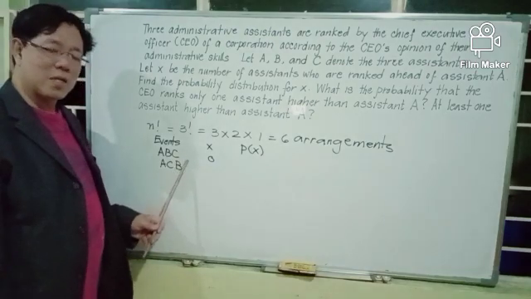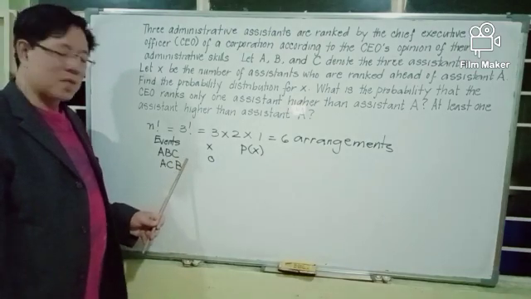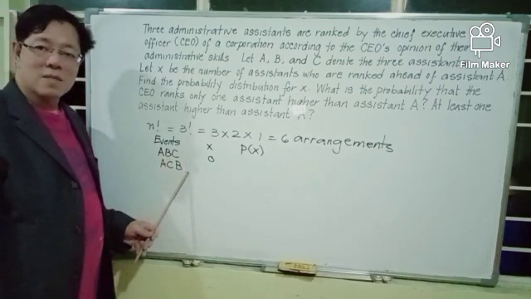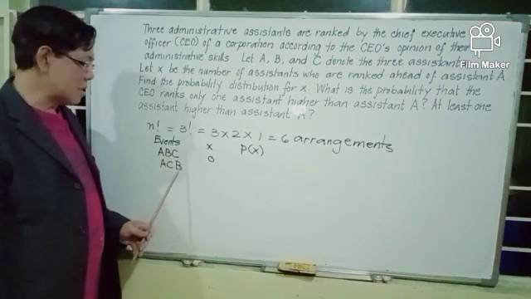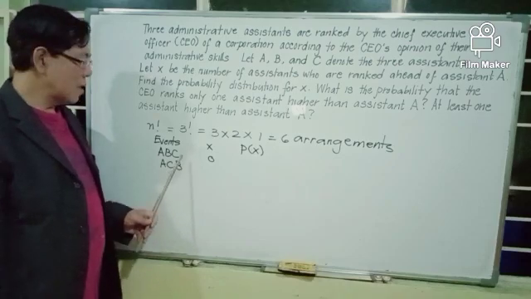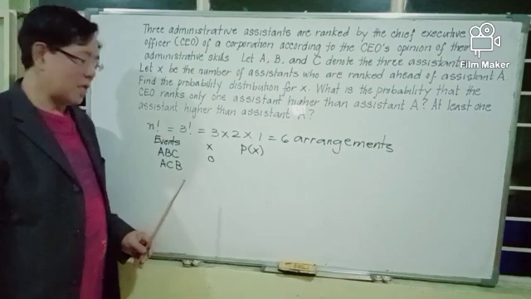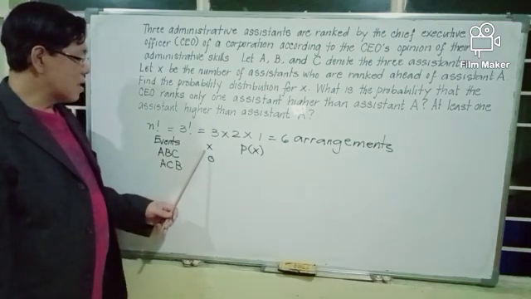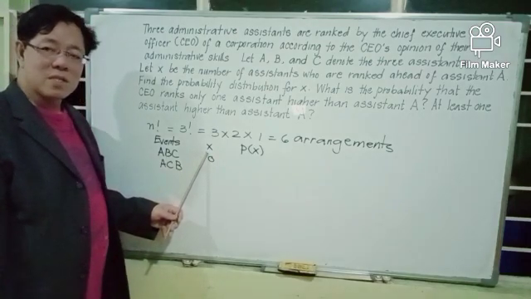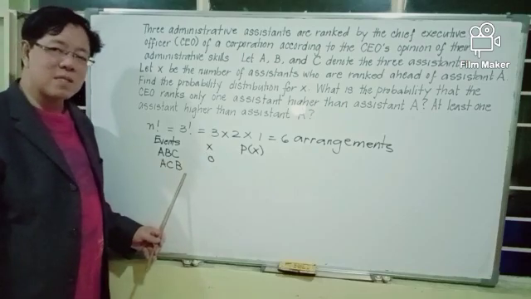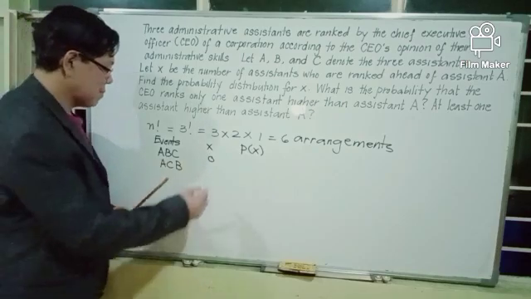In the first permutation, B is ranked ahead of C. In the second permutation, C is ranked ahead of B. So these 2 arrangements are different. The value of the discrete random variable x for this arrangement again is 0.